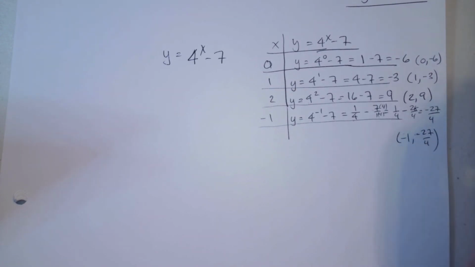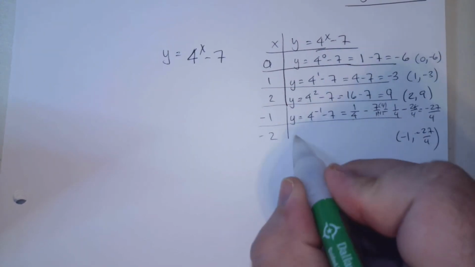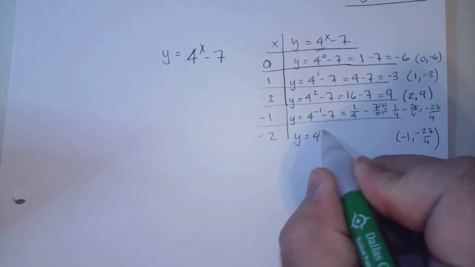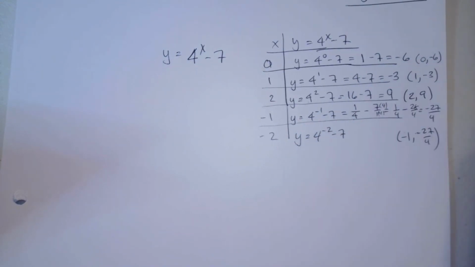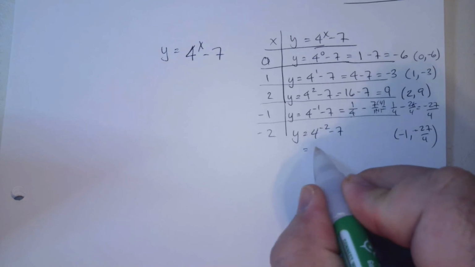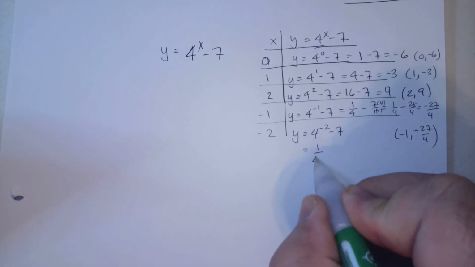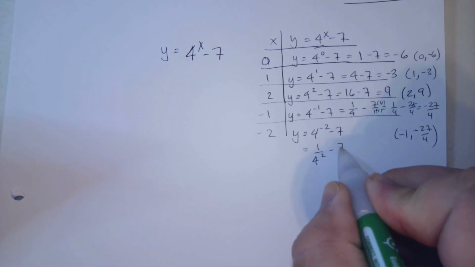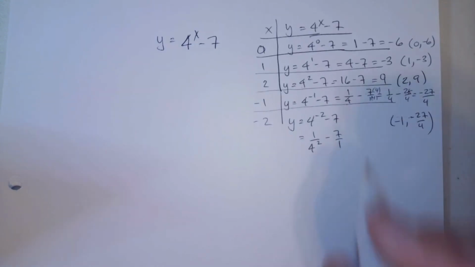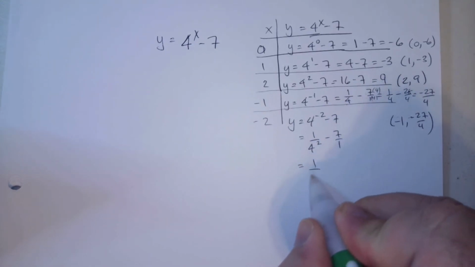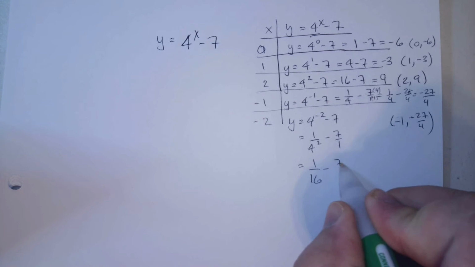And then same thing with negative 2. 4 to the power negative 2 minus 7. This is 1 over 4 squared, so 1 over 16 minus 7 over 1.